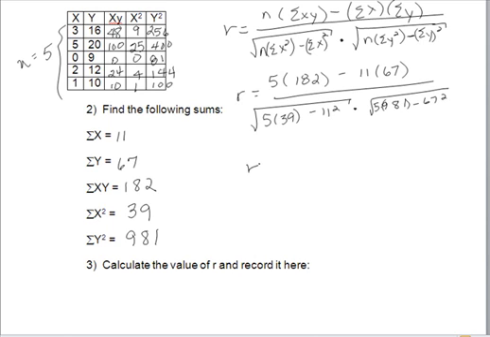I got 173, and in the denominator 74. Because both of these are inside radicals, I can just join them together. So 173 divided by the square root of 74 times 416, and I get 0.986. So that's the answer for number 3.